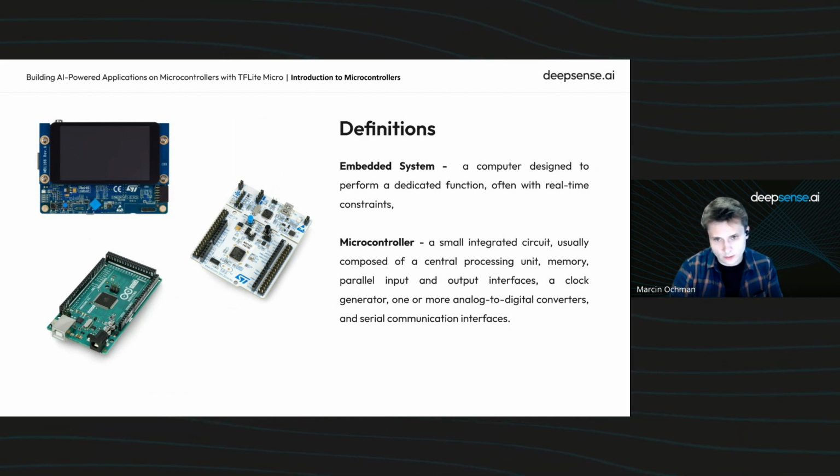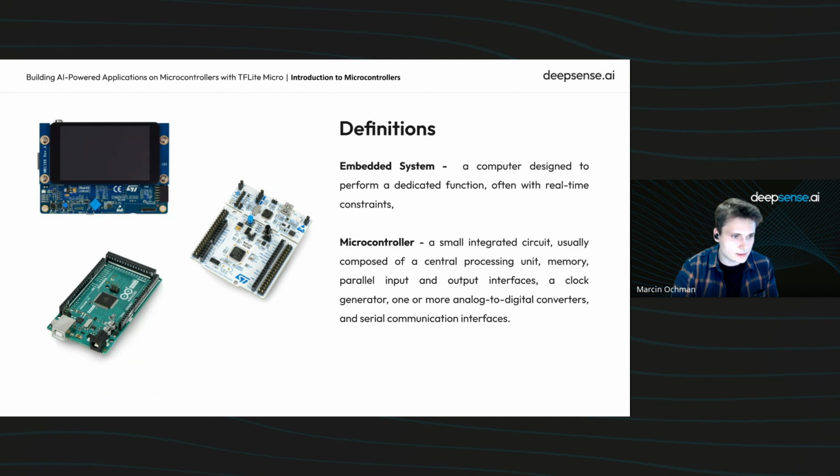For example, a microcontroller might power your smartwatch, thermostat, or even your car's sensors or other devices within the car. And what makes them particularly interesting is their ability to run AI models despite having so limited computational power and memory. So this ability opens up new possibilities.